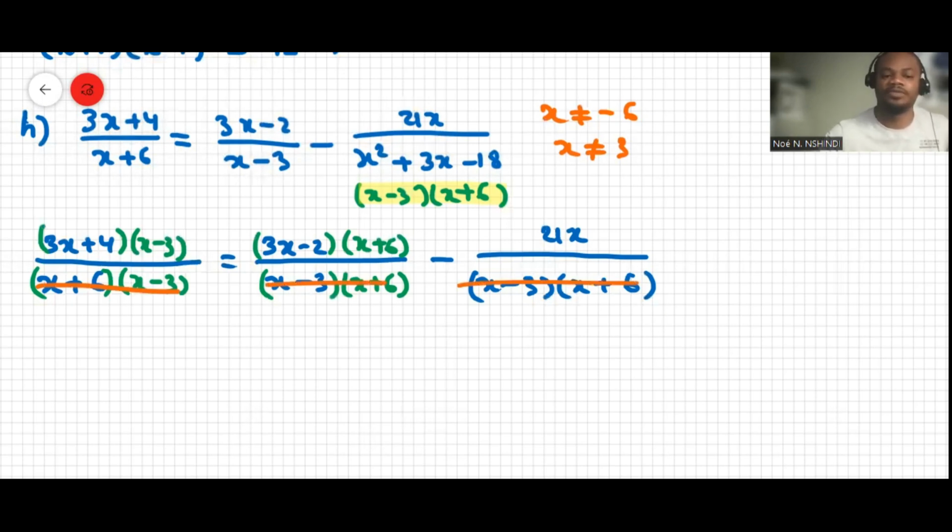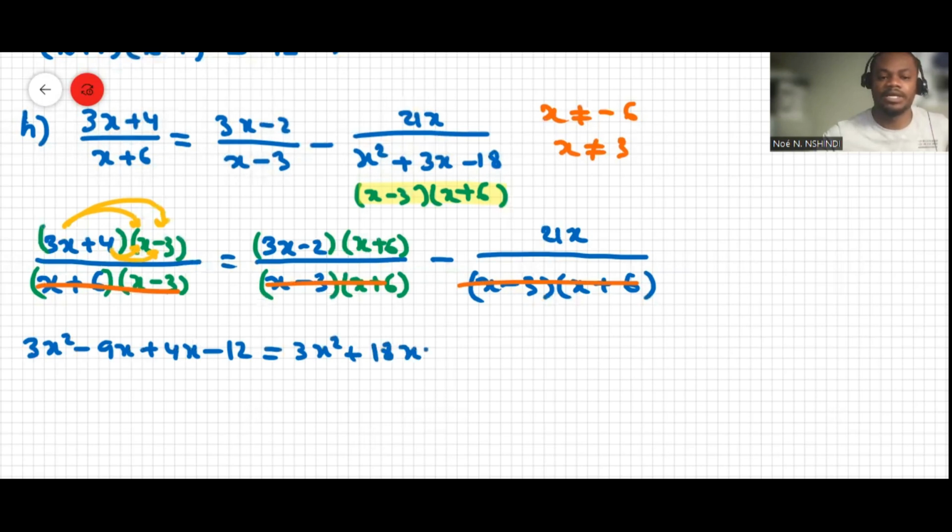So this would be like 3x times x. That's going to be this times that, and then this times that, this times that, and that times that. That would be 3x squared minus 9x plus 4x minus 12 equal to 3x squared, 3x times 6 makes 18x, negative 2x, negative 12 minus 21x, okay?